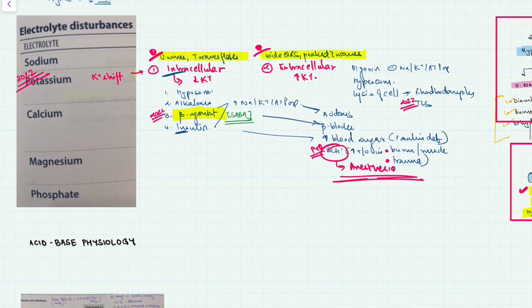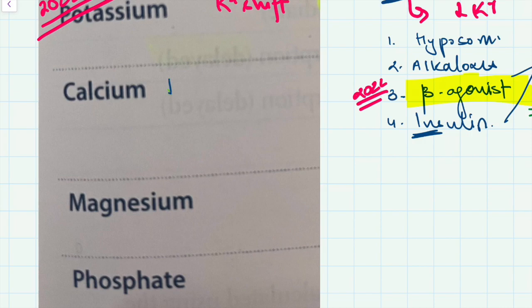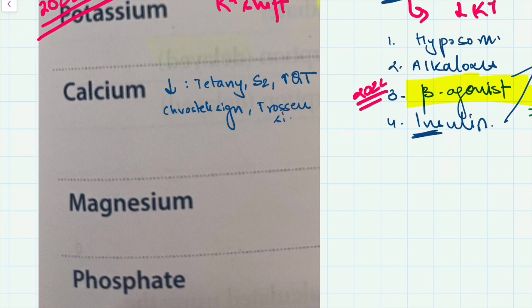After sodium, let us move to calcium. So if there is low serum calcium, there can be tetany, seizures and increased QT interval. Two important signs of hypocalcemia or tetany are Chvostek sign, which is the twitching of facial muscles, and the Trousseau sign, which is the carpopedal spasm.